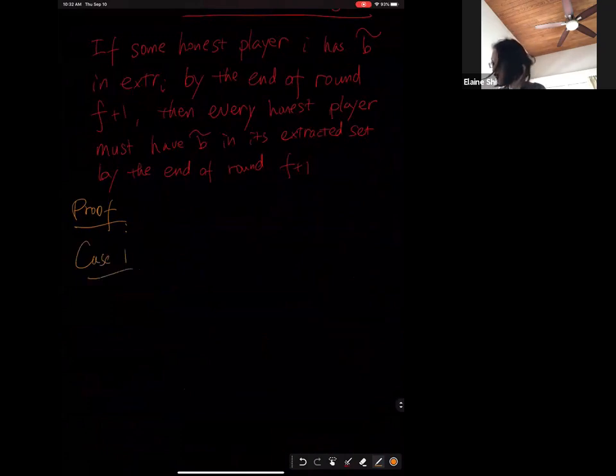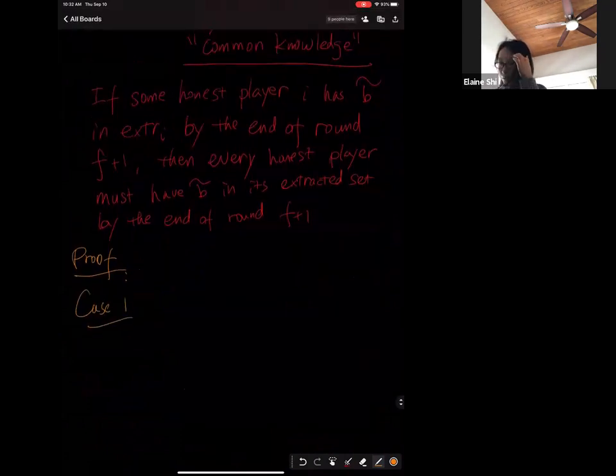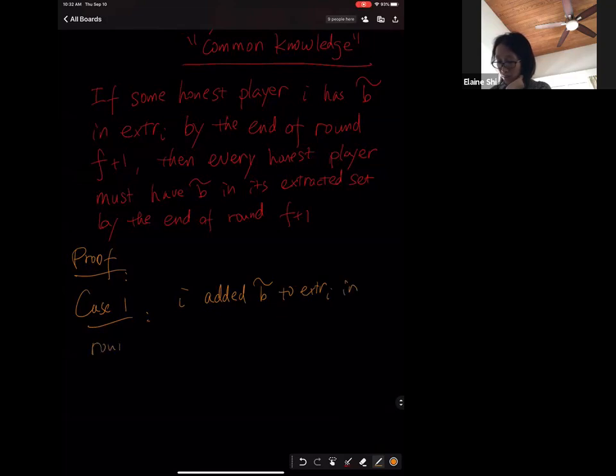Okay, so in this lemma, it says some honest player i has B tilde in its extracted set by the end of round f+1. So there are two cases. One is that i added B tilde to extracted_i in some earlier round, let's say in round r less than f+1.